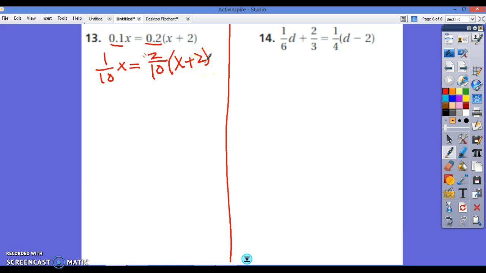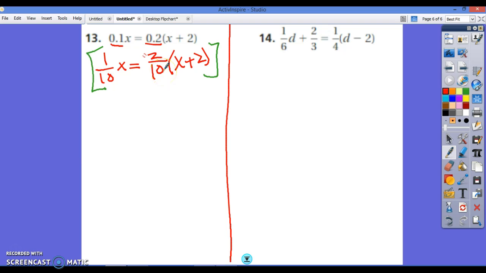Now, with these types of problems, you're going to kill the fraction. When you're killing the fraction, you're thinking of, well, what is the least common multiple between them? Well, for these ones, we have tenths, because when we say it as a decimal, they're actually like that, 1/10. This would be 2/10.